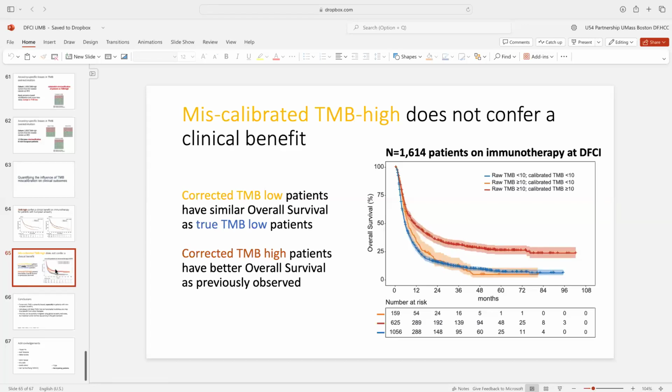I think we have also tried to partner with industry collaborators, because a lot of times the direct to consumer sequencing and data collection is happening in a more diverse population than here. And again, these algorithms can be applied to essentially any kind of tumor sequencing platform.